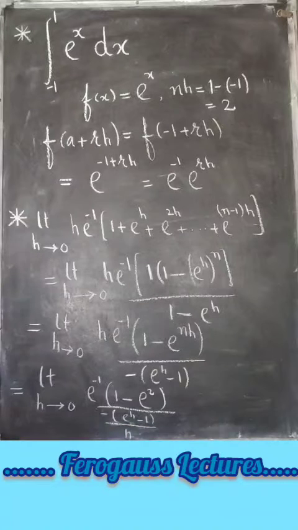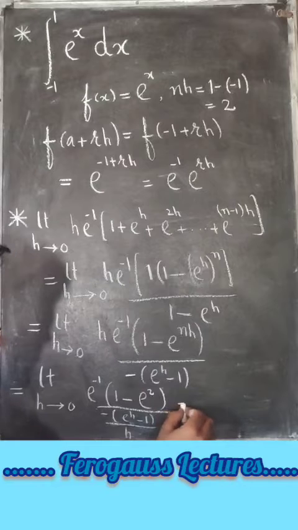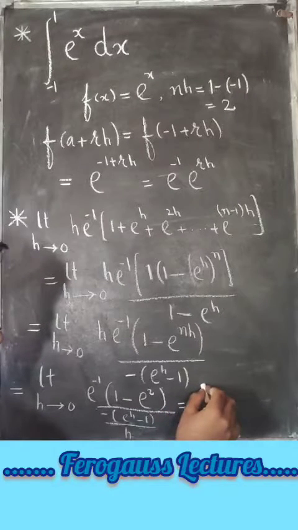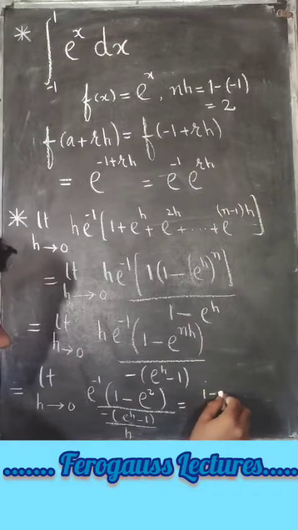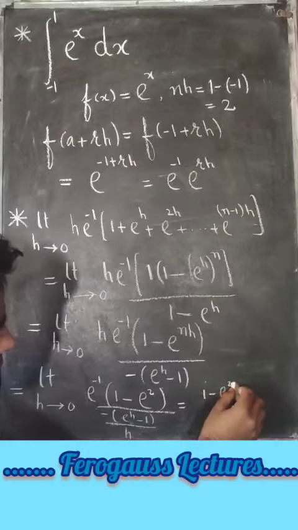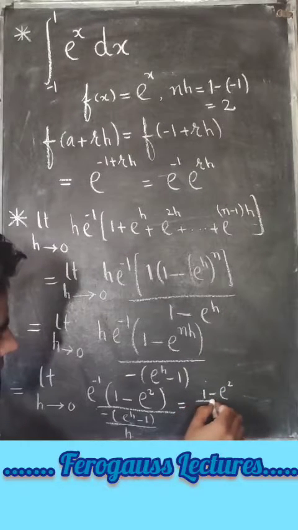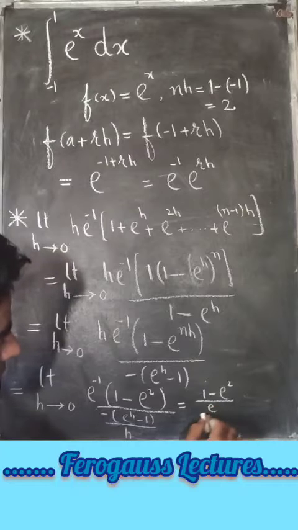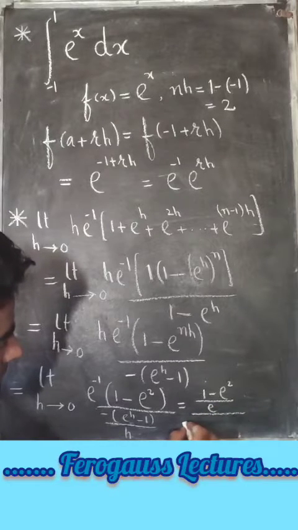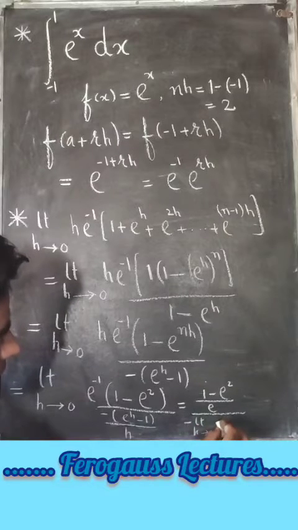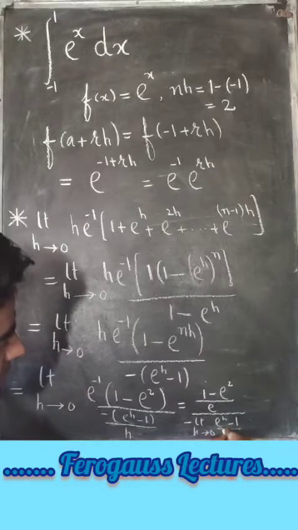Okay, now e raised power minus 1 into 1 minus e raised power 2 is free of h, so we can write it as 1 minus e raised power 2 divided by e, whole divided by minus times limit h tends to 0 of e raised power h minus 1 divided by h.